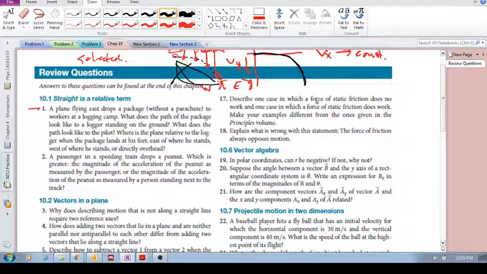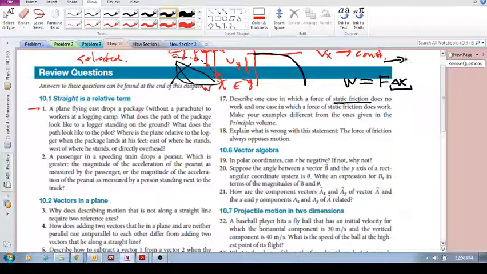Describe one case in which a force of static friction does no work, and one case in which a force of static friction does work. Okay, so remember, work was force times displacement. In order for there to be work done, there has to be a displacement of the application point of the force.